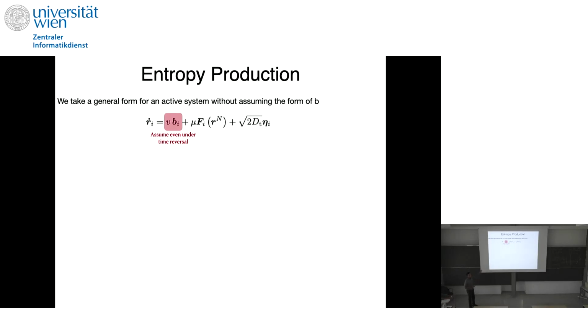For different models, the statistics of this b will be different, and I'll tell you them in a second. This is just excluded volume, so there are no attractions in any of the models that I'll consider. And this is just diffusion, Gaussian white noise: eta is Gaussian white noise in x and y, and D is the diffusion constant.